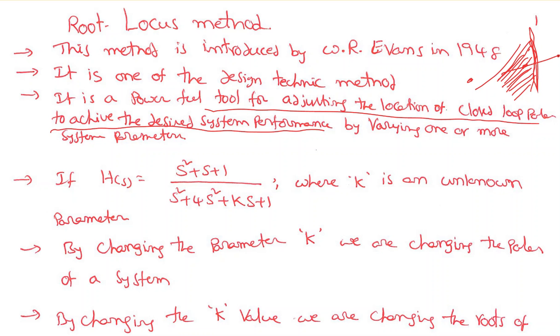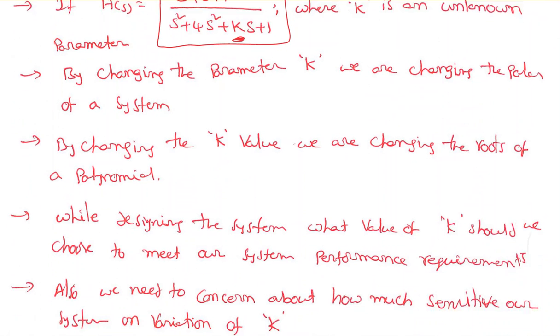Now for example, take H of s equal to s squared plus s plus 1 over s cubed plus 4s squared plus ks plus 1. Here k is a variable. By changing the k value, we are changing the location of the poles.